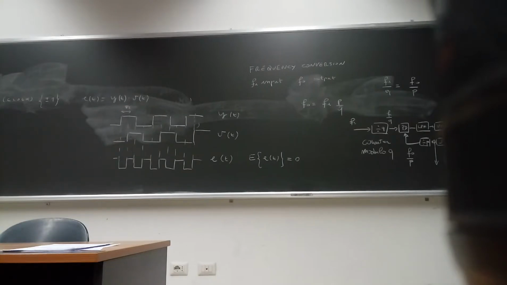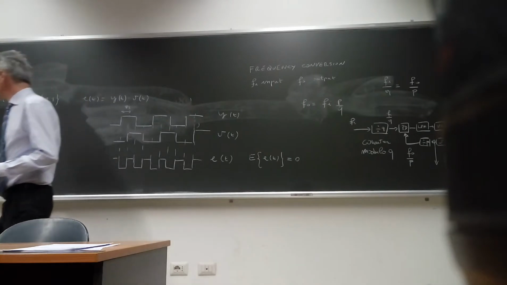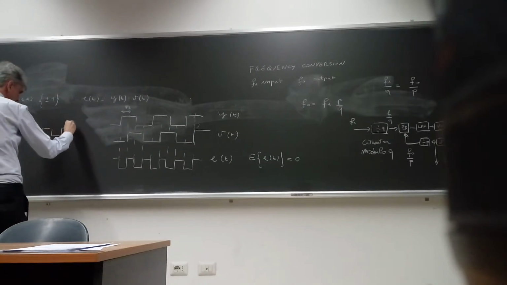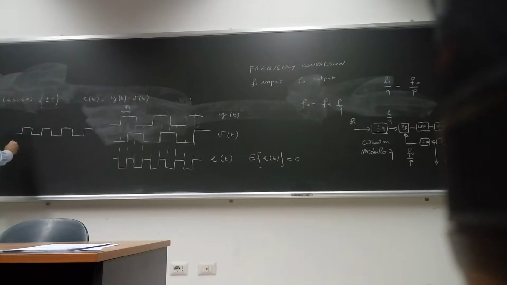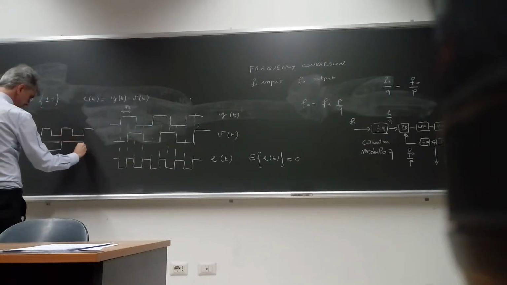This is frequency division. For instance, frequency division by 2. Suppose you want to halve the frequency of an input clock like this. Then count 1, 2.